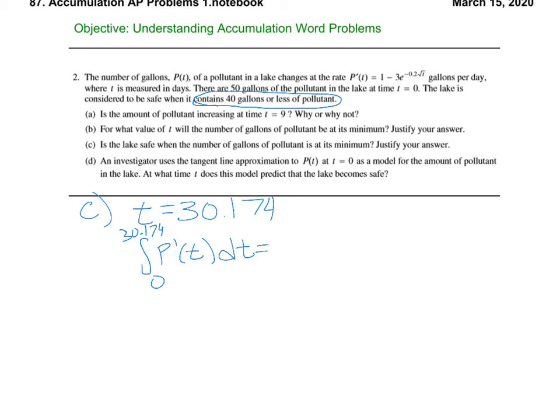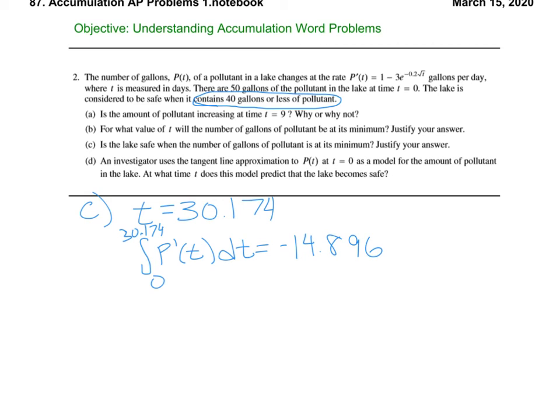From 0 to 30.174, y1, comma x, and I get negative 14.896. Now, is that the answer?